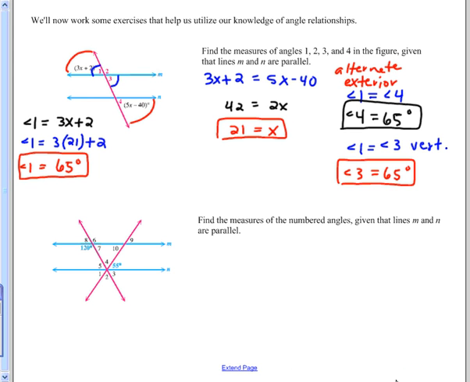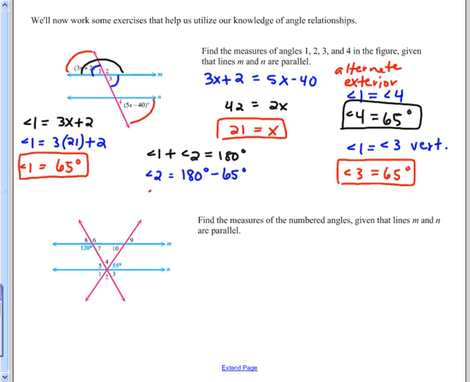All right, that leaves us one angle to find. I'm going to note that angle 1 and angle 2 form a straight angle, or a straight line. Therefore, the measure of angle 1 plus the measure of angle 2 should add up to 180 degrees, which means angle 2 should measure 180 degrees minus whatever angle 1 is, and we know that's 65 degrees.